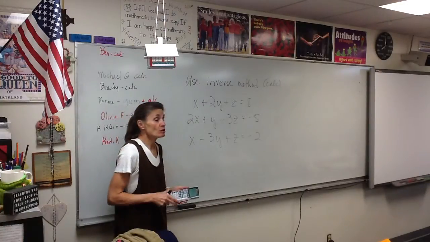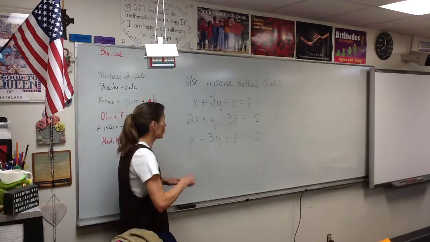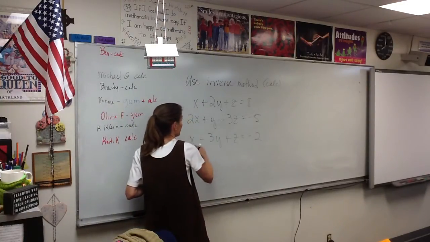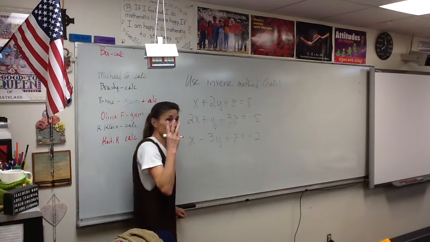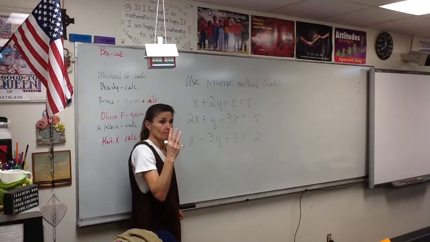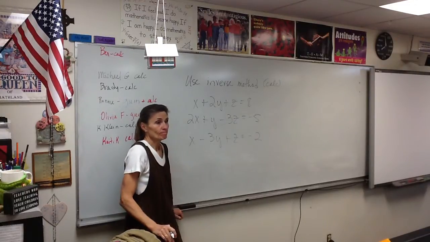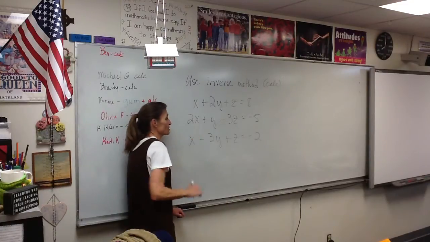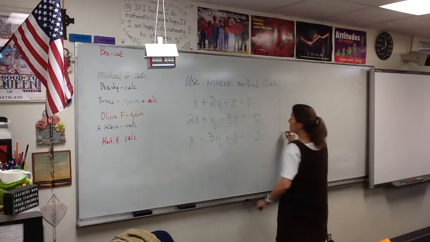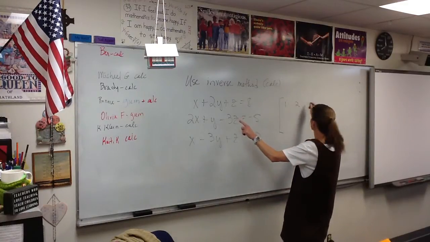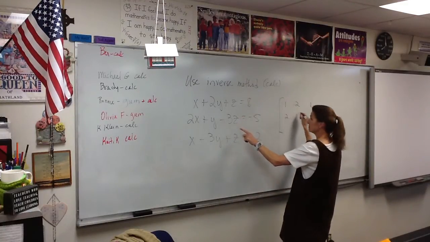All right, so here's what we're going to do. We're going to recognize that in this system of equations, there are actually 3 matrices. Maria? There are actually 3 matrices in this system of equations. There is a matrix that is just the coefficients.